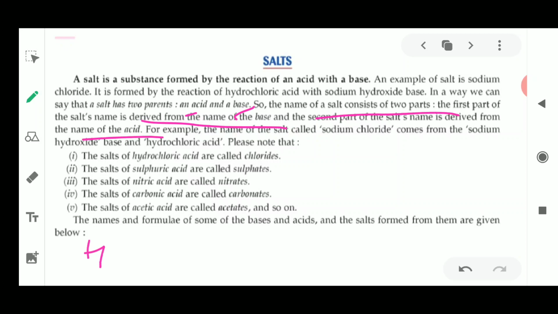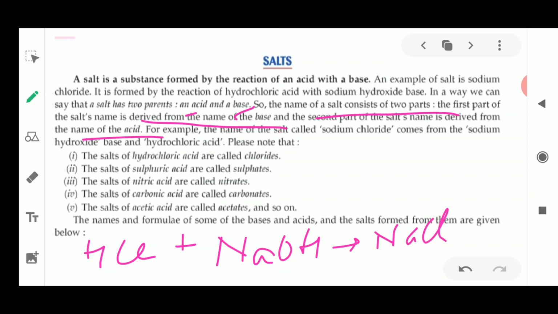You have to take HCl, that is hydrochloric acid, this is acid, and you have to take sodium hydroxide, NaOH. Now you will form the sodium chloride salt. This is acid, this is base, this is salt, and water will be formed. Now it is being said that this NaCl, sodium chloride, has two parents, one is acid, the other one is base.